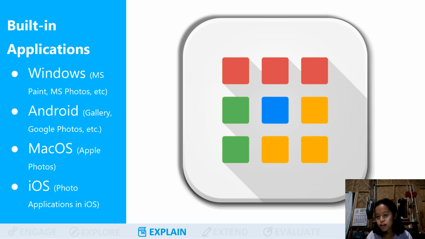For example, for Windows, we have MS Paint and MS Photos, so we can use them freely. For Android, we have Gallery and Google Photos. For Mac OS, Apple Photos, and for iOS, the photo applications in iOS. So that's what built-in applications are.